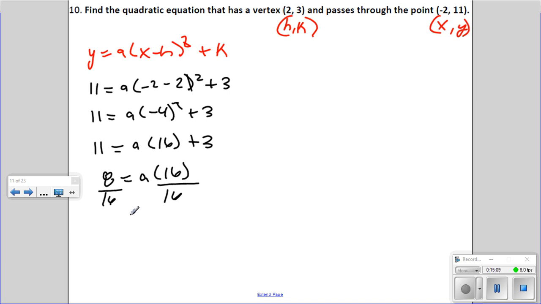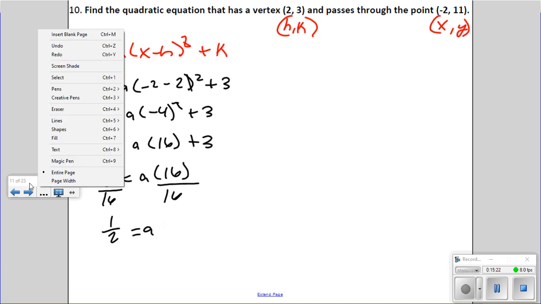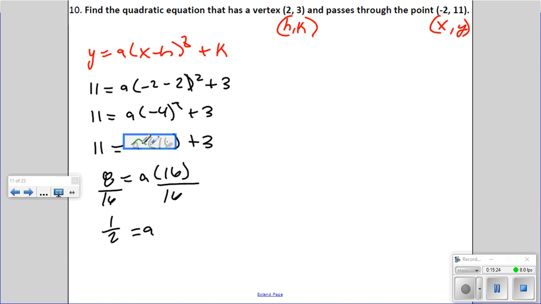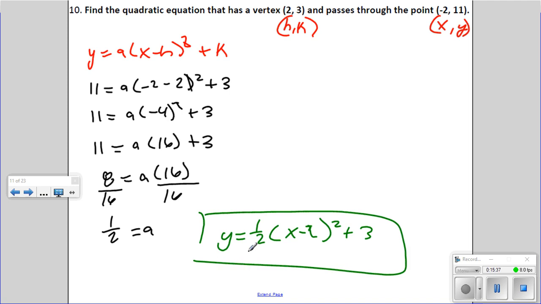So yes, it should be a fraction or a decimal, but I want your answers as fractions in lowest terms. So therefore, you would get 1 over 2 is equal to a, which means as an equation, we would say y is equal to 1 over 2 times x minus 2 squared plus 3. Final answer.